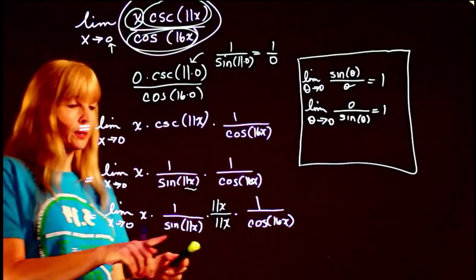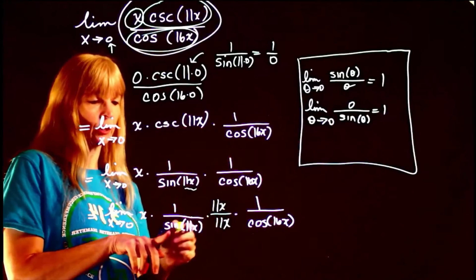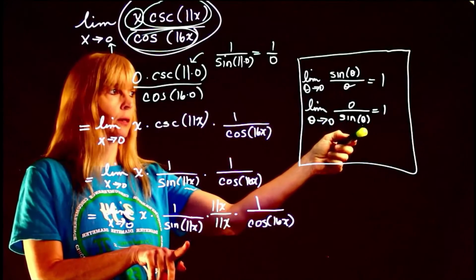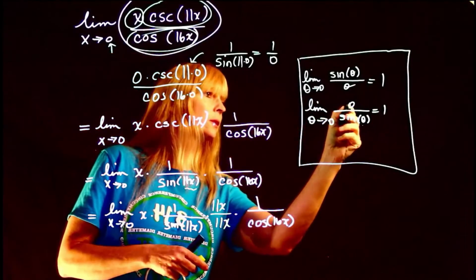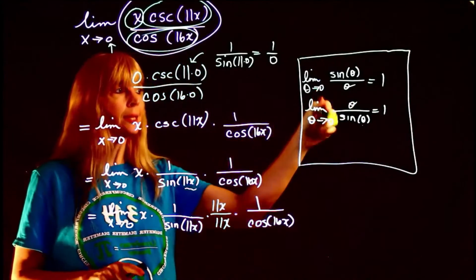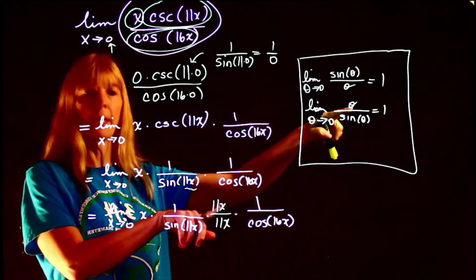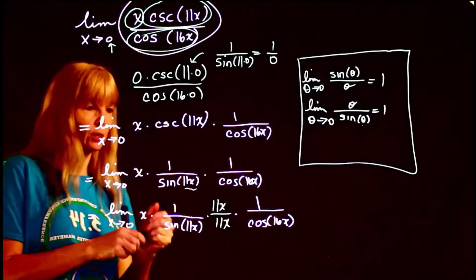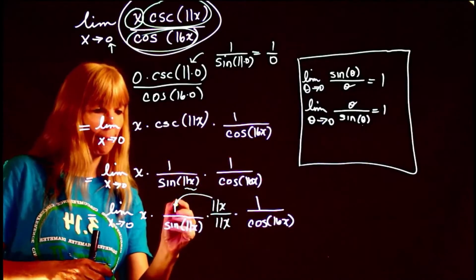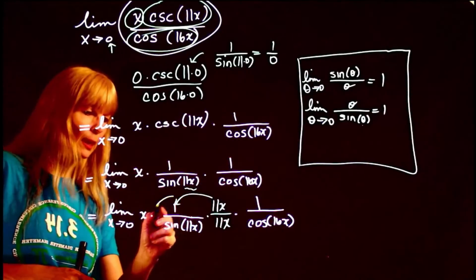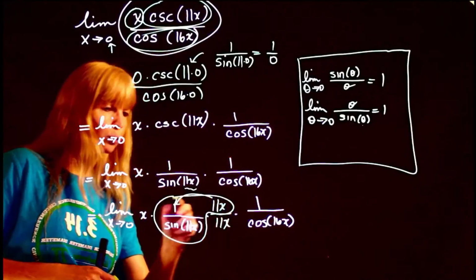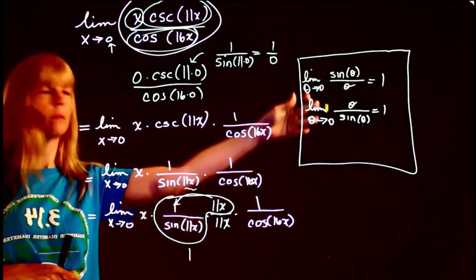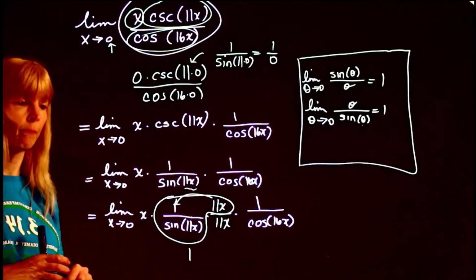But if you notice now, I have 11x over sine of 11x. That's this business right here. It's just that in this case, that looks like a 0, that should be a theta. In this case, my theta is 11x. So what happens is this piece, if I throw it on top of here, this limit is going to end up being 1 because of the definition.